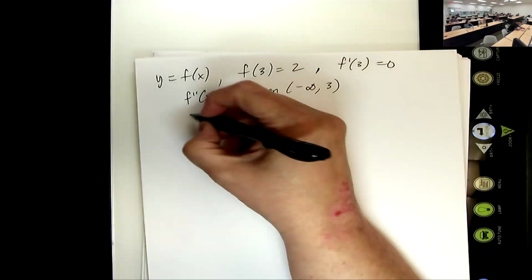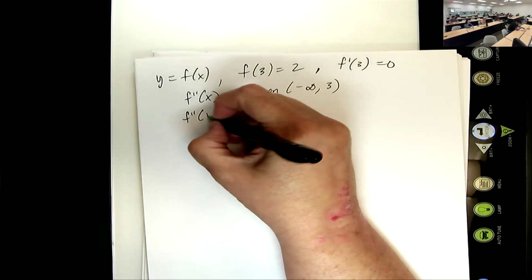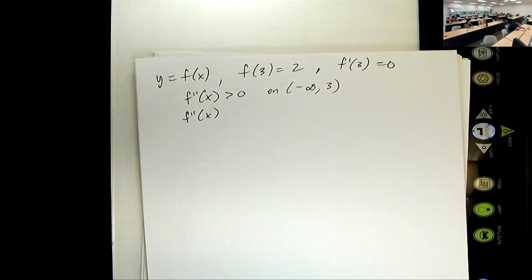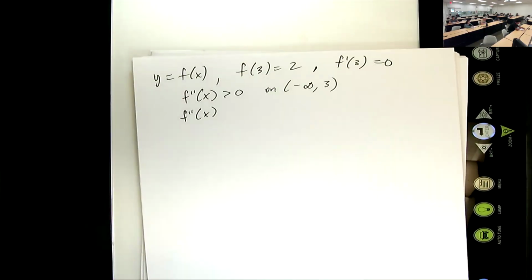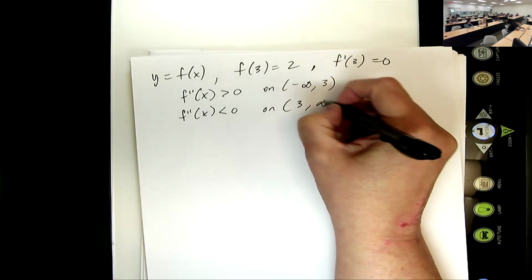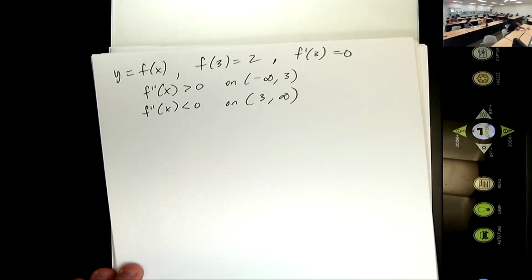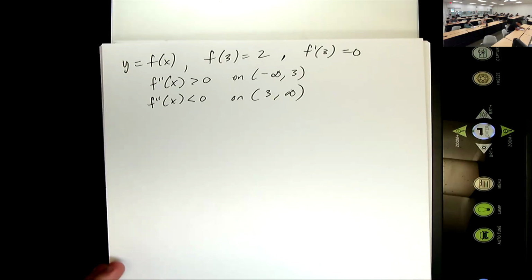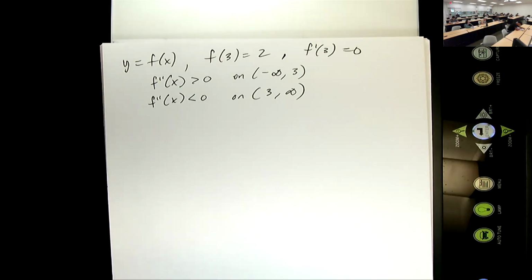And we're going to make it less than 0 on 3 to infinity. Let's sketch what the graph might look like. Both those are working with double primes.